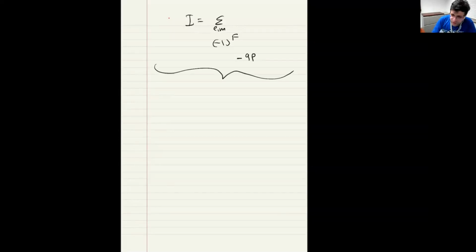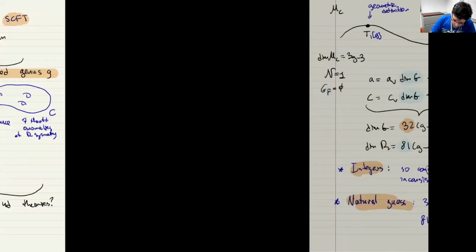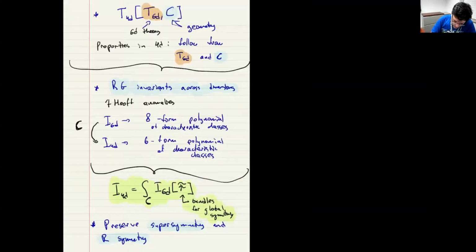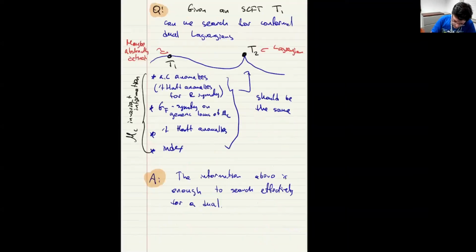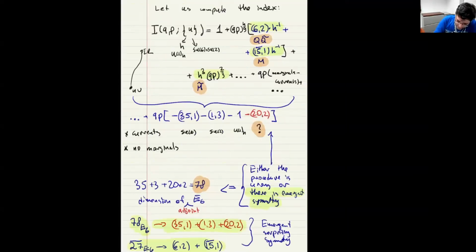Another answer, which is more concrete, let me give you with the example that we have discussed. This emergent E6 here. So you can ask, as I told you, where these operators come from. This comes from QQ tilde, this comes from M. You can ask me, where do these guys come from?